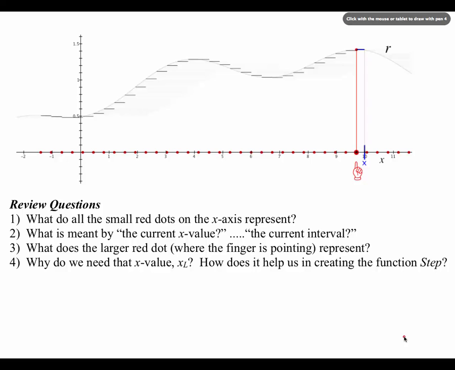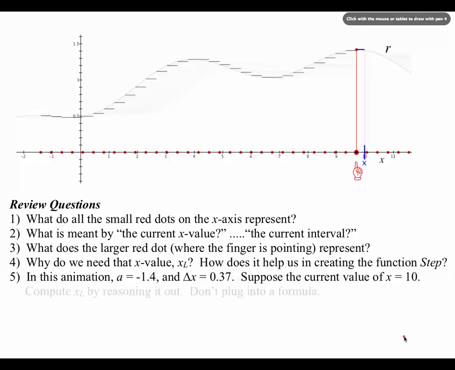Okay, so let's do an example here. In this animation, a is negative 1.4, delta x is 0.37. Suppose the current value of x is 10, that's what I'm showing. We want to figure out what is the value of the left side. So what I don't want you to do is just look in your notes at the formula that we came up with on Friday. I want to do it again, just to think through it again.